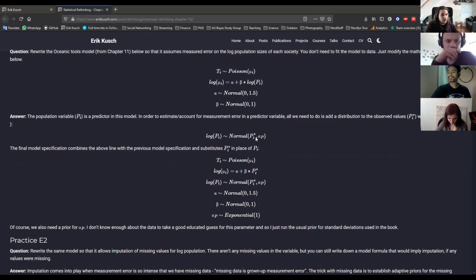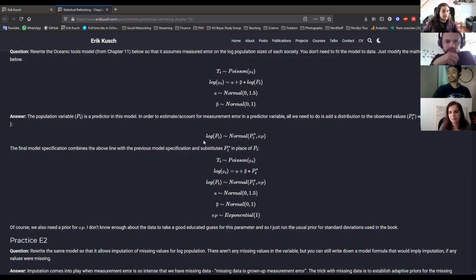Mind you, P star i in this case is observed log population. So it fits with the log true population on the left-hand side. I changed this in the next exercise because it was a bit of a hassle to just carry on the log signs all the way. So the next exercise will look a tiny bit different, although it uses the same model.